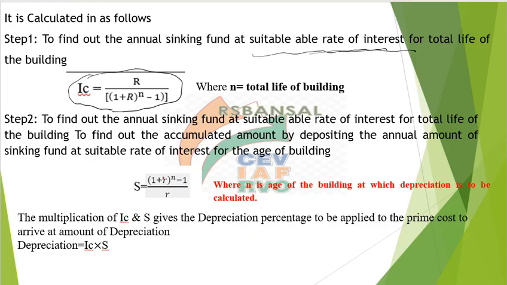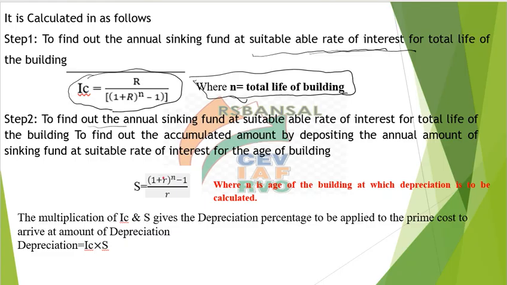This sinking fund is calculated for the total life of the building. Remember, you have to calculate IC for the total life of the building. In the first step, you find out IC, and in the second step, you find how much amount has accumulated.